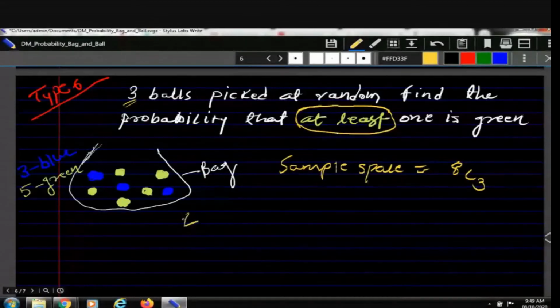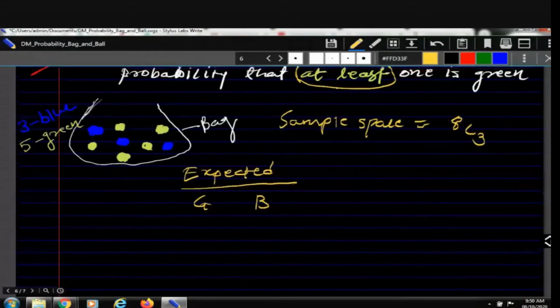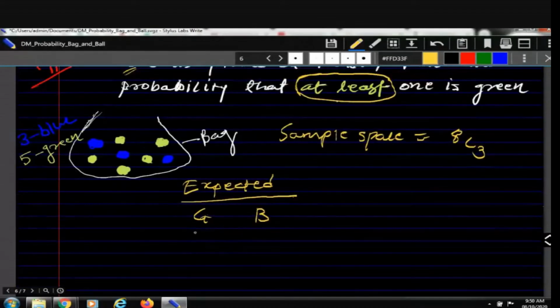Now expected. You should write this expected outcome carefully. So you have to write this as green, this as blue. And what is it saying? At least one is green. So one green, and total selections expected are three balls.